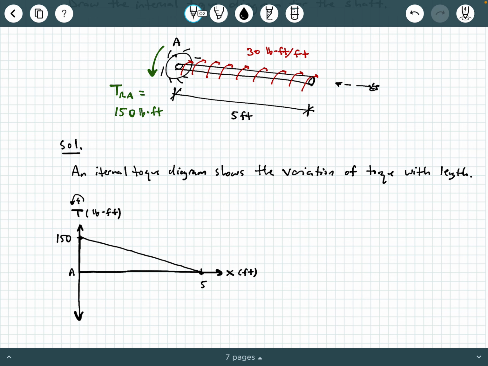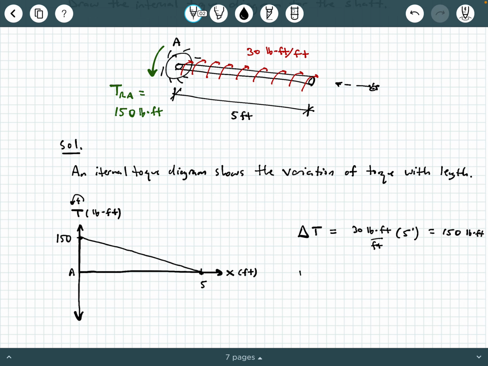Now, does that make sense? Well, yeah. Every linear foot of shaft, you're going to have a relief of 30 pound-feet. And once you get all the way out to 5 feet, that relief will give you a net 0. So one way you can think about this is the change of torque, delta T, is going to be equal to 30 pound-feet per foot times 5 feet, which is 150 pound-feet.